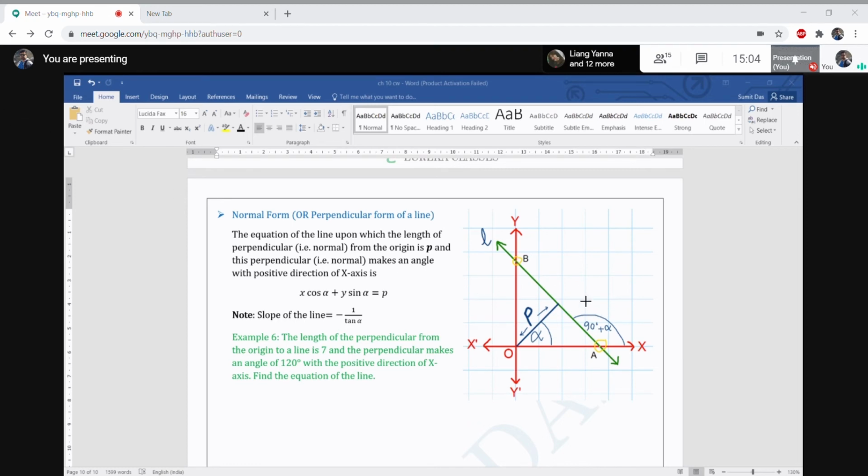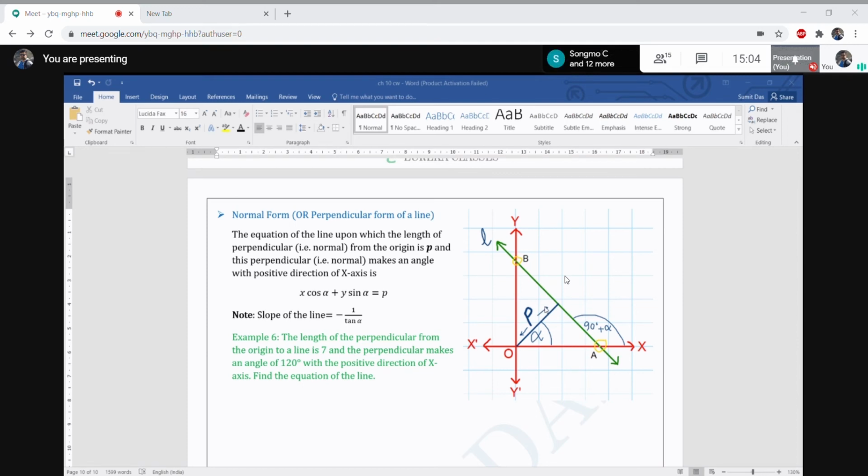The perpendicular distance is P. The length of this perpendicular is known as the normal.